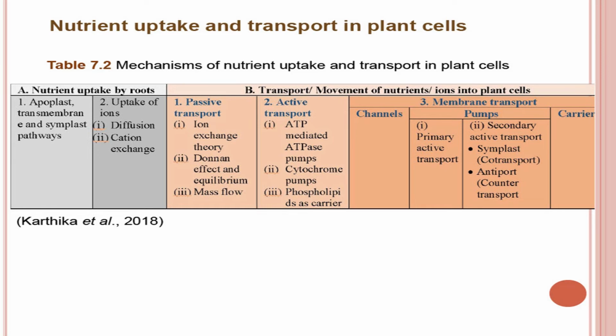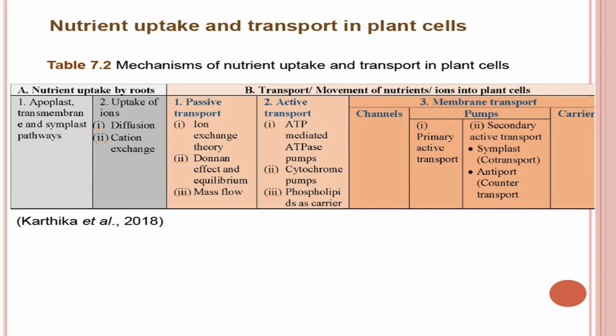Now come to number three, that is membrane transport. Membrane transport is carried out by three mechanisms. Number one is channels, number two is pumps, and number three is carriers. Now in pumps there are two different mechanisms. One is known as primary active transport and the other is known as secondary active transport.